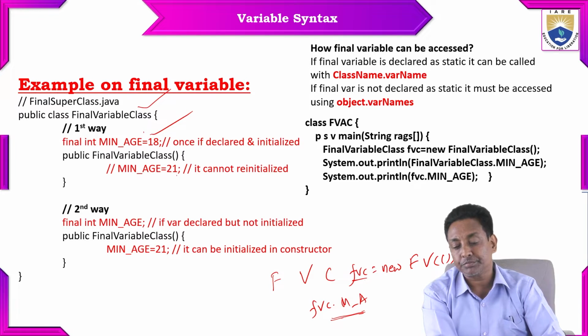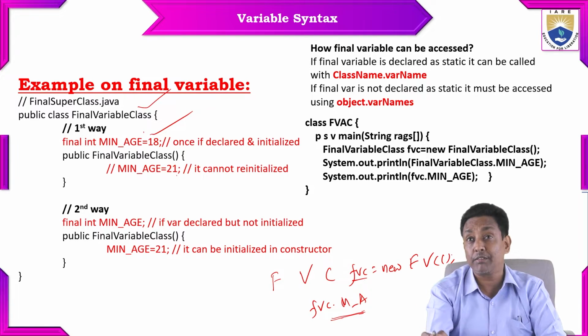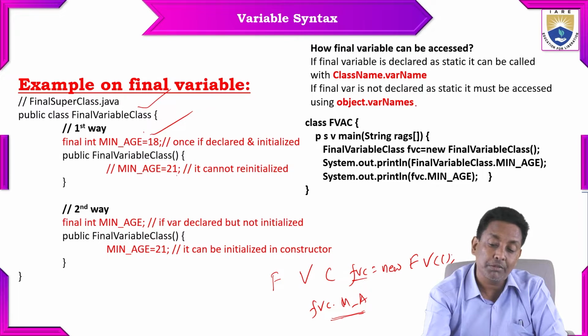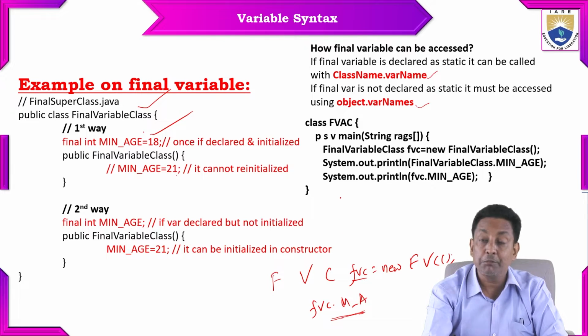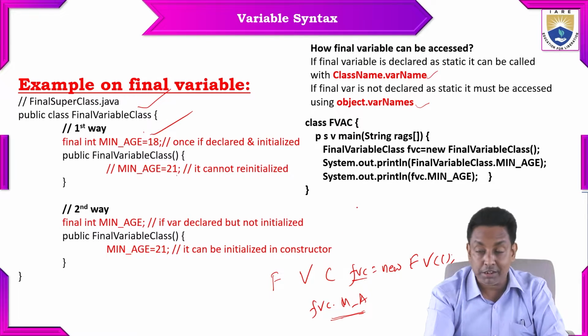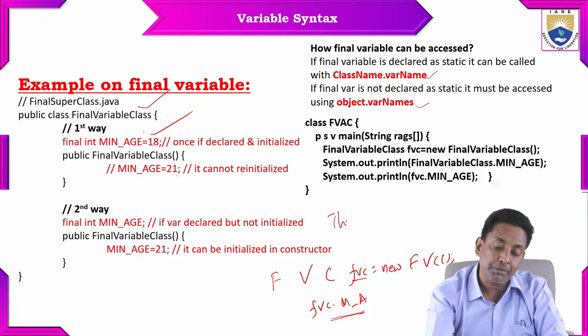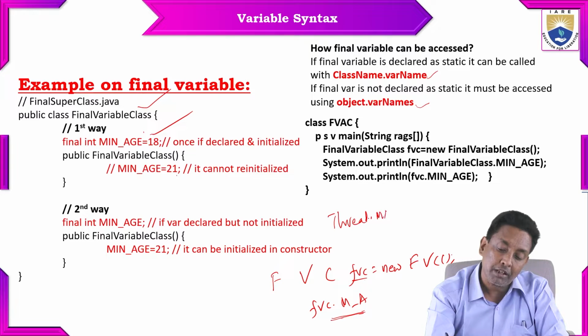But in Java, you find in many classes that we access final variables both using object dot variable name and also class name dot variable name. For example, as I told you, MIN_PRIORITY, MAX_PRIORITY, and NORM_PRIORITY, the three variables in the Thread class, must be accessed like this: Thread.MAX_PRIORITY.